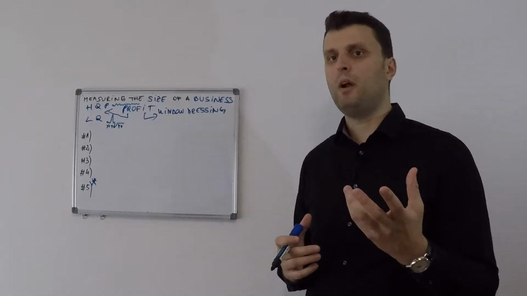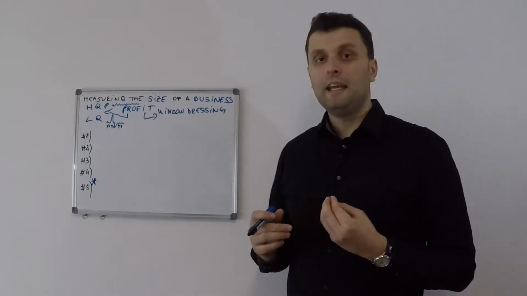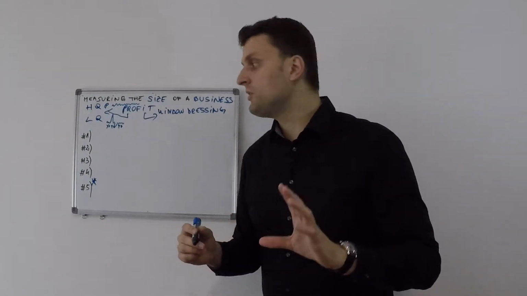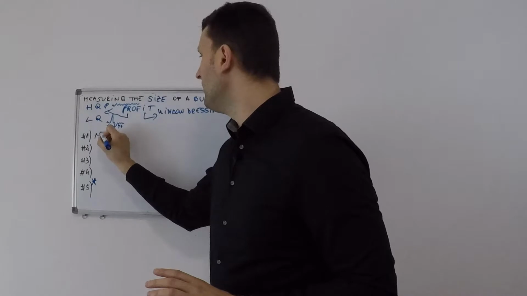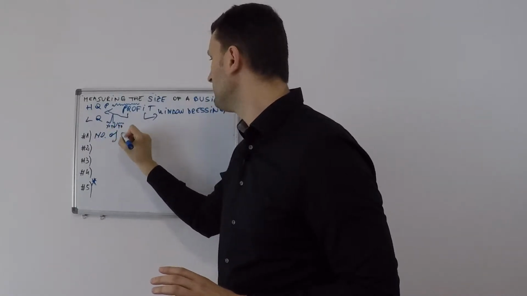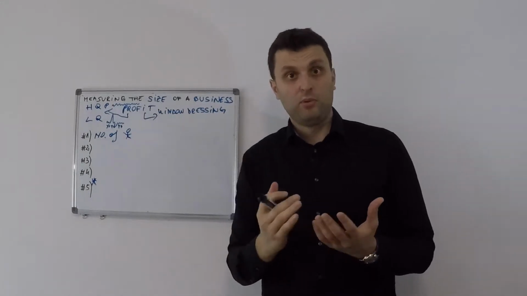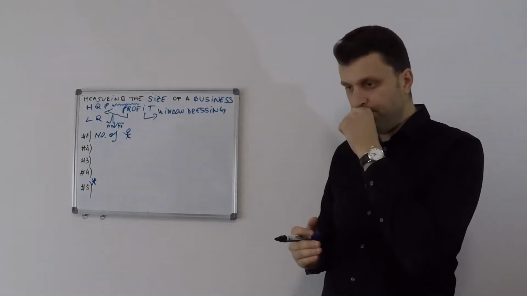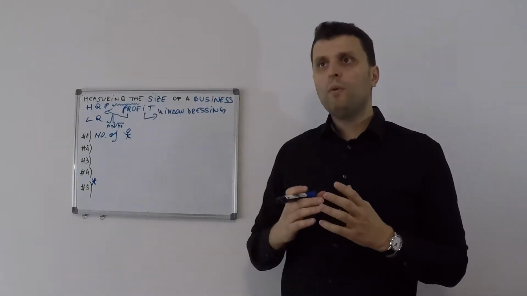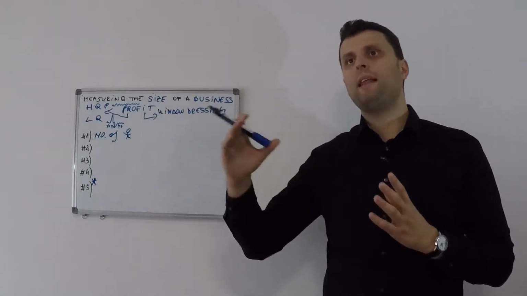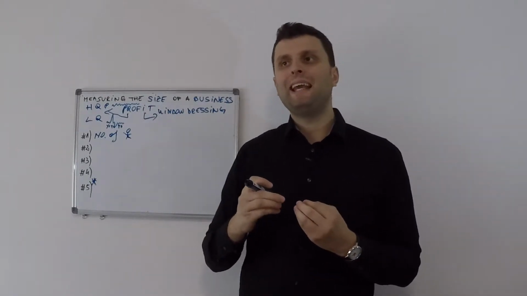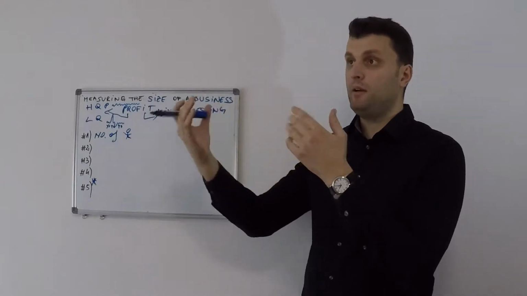agree with the profit and I don't recommend it, is going to compare businesses, first of all, by number of employees. So number of employees, and this is an important one. When we look at a company that has 1,000 or 10,000 employees, we can actually gain an idea about that company.